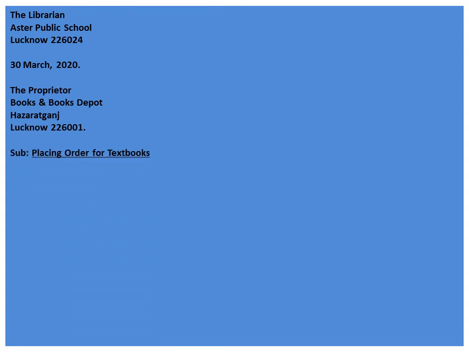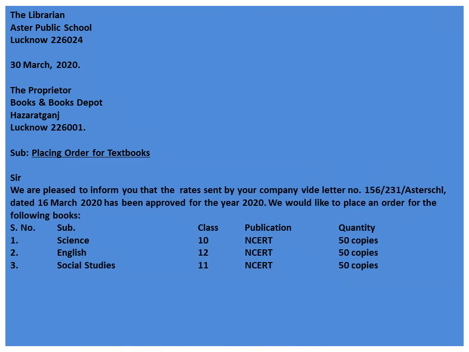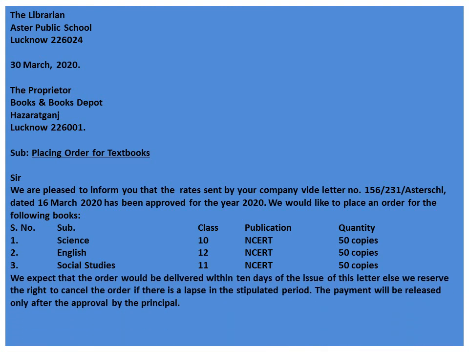As we discussed, then the format: first comes sender's address in 3 lines, then leave a line and write the date. Do not write the word date here, directly write the date. Then again leave a line and write receiver's address in 4 lines. Then the subject, which should always be underlined, like placing order for textbooks, it has been underlined here. Then comes your salutation, sir. Then the content part, which is divided into 3 parts.